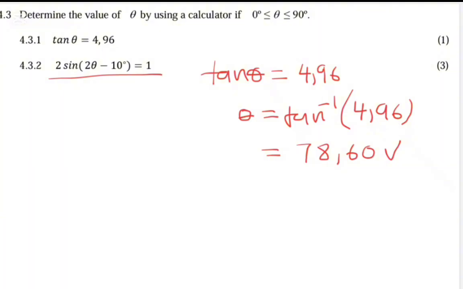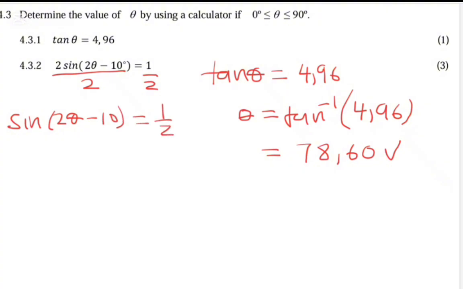Even this one is a trigonometric equation. What we need to do first here is to divide by 2 on both sides. So we're going to be left with sine of 2 theta minus 10 is equal to 1 over 2. Since now we have this, we can use the inverse. I'm just going to say 2 theta minus 10 is equal to sine inverse of 1 over 2.